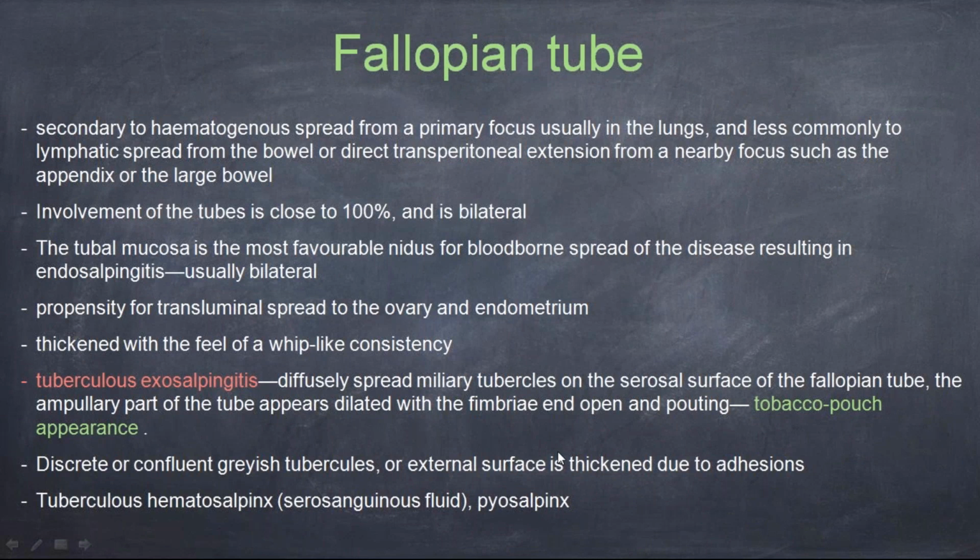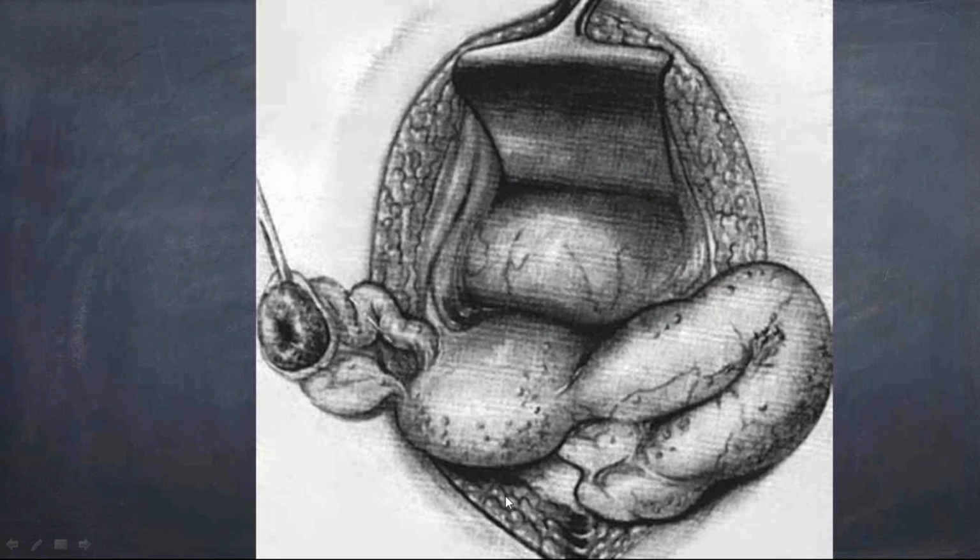And there may be tuberculous hematosalpinx if there is any accumulation of serous fluid, and there may be pyosalpinx if there is any pus. So again, see, this is a normal tube, and here what you are seeing is a tobacco pouch tube.